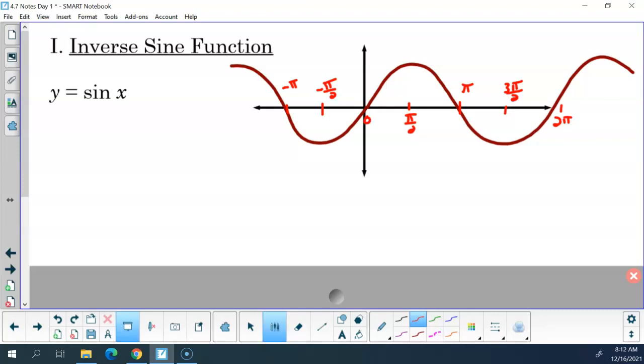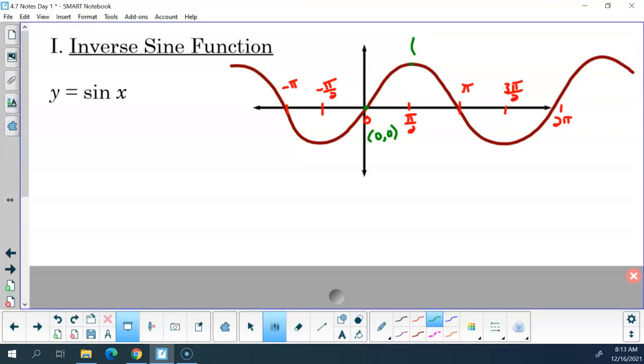So let's look at some key points along the way. Like, for instance, 0, comma 0, right? What about this one? 1, comma 0?